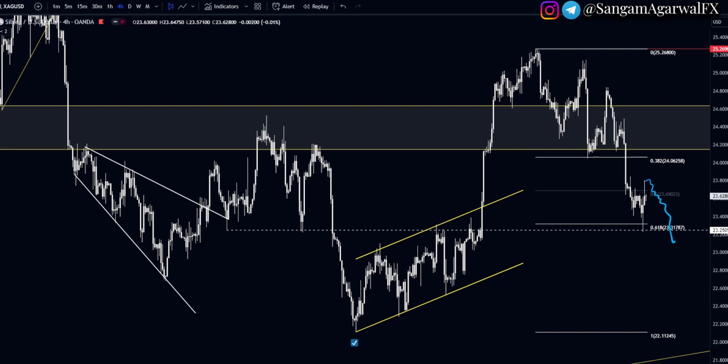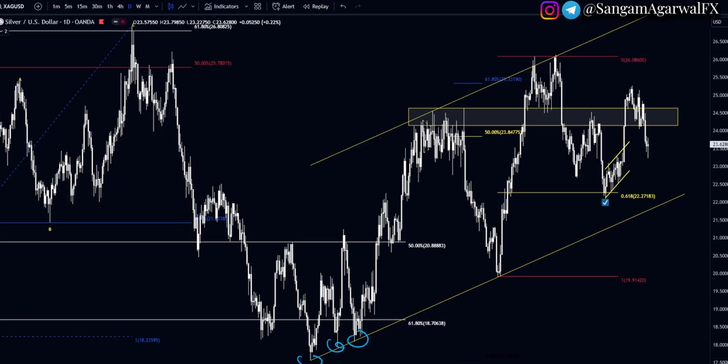If it goes down again below 23.25 after CPI news, then buy, because on the daily time frame this trend line is your dynamic support and 22 to 27 is your static support. So this area is your buy zone if it goes down on CPI, and if you have an entry on that strong support, then after CPI you can buy again as a retracement.